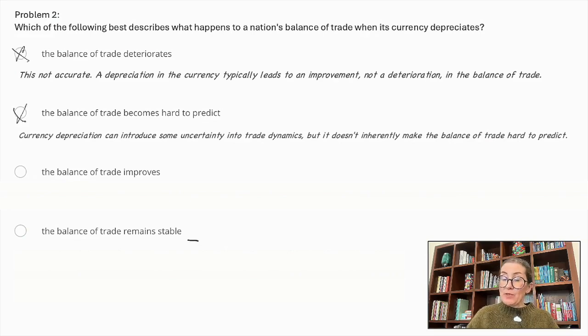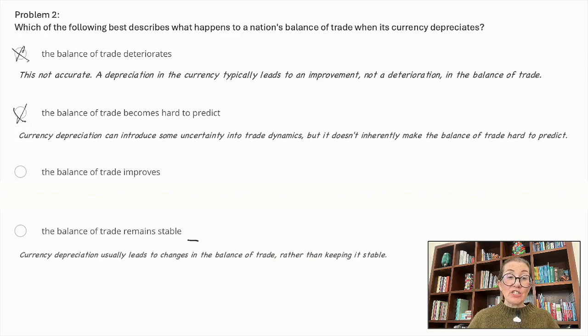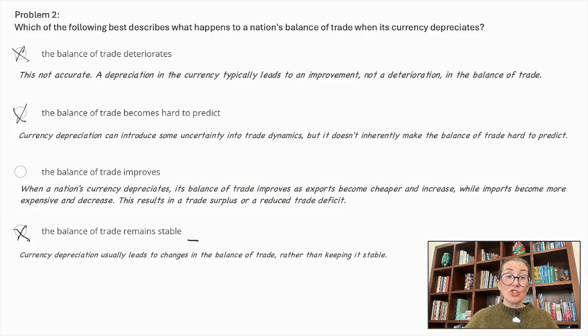Now to the bottom, the balance of trade remains stable. Currency depreciation usually leads to changes in the balance of trade rather than keeping it stable, so that's not correct either. The balance of trade improves. When a nation's currency depreciates, its balance of trade typically improves.